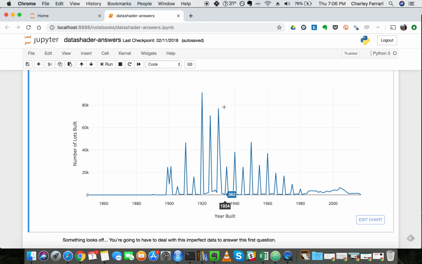So in this answer, we can see a few starting points, a few exploratory ways that we could get an idea of how buildings are progressing over time. The first thing I chose to do was aggregate the data by 5 years rather than every year.